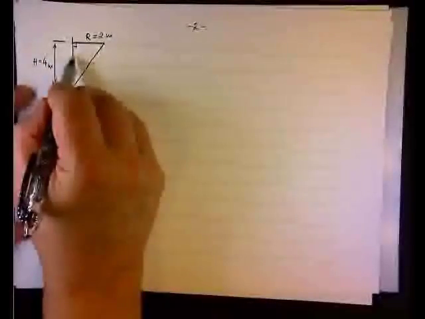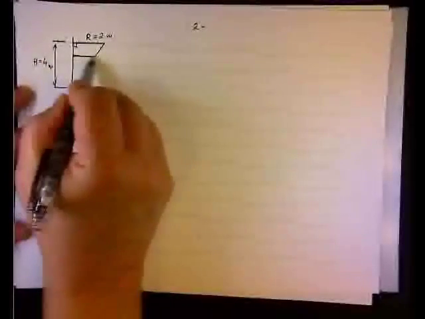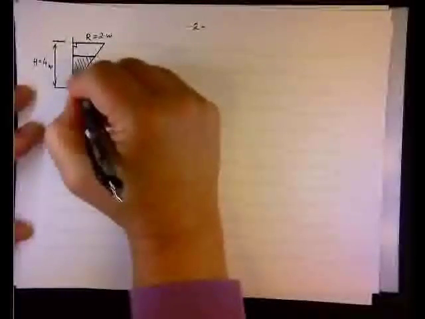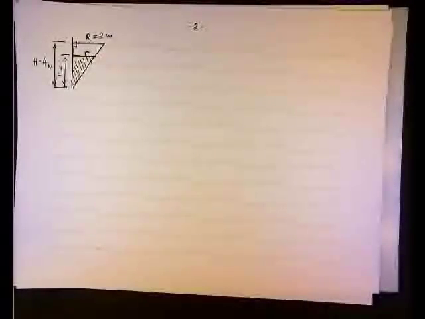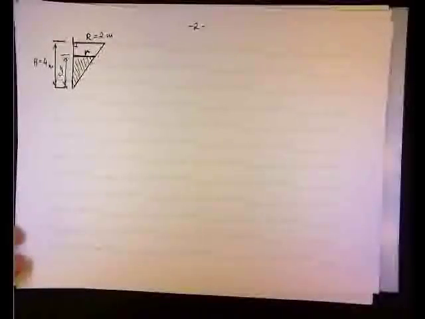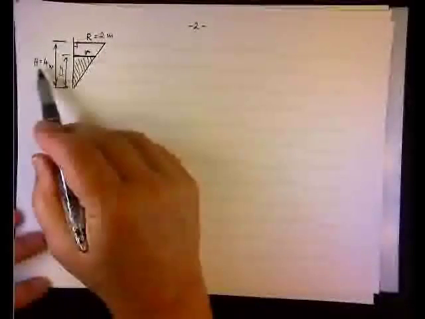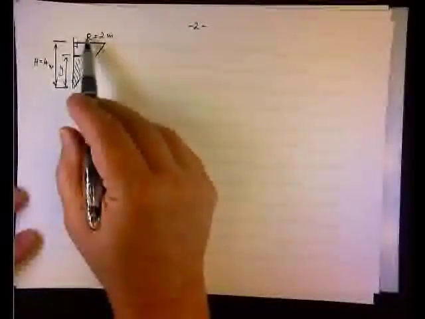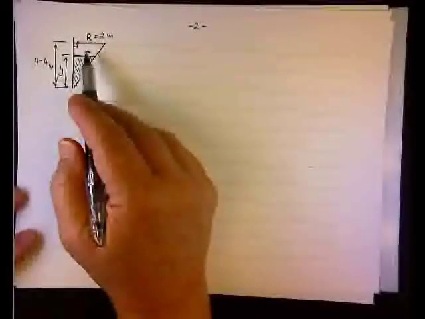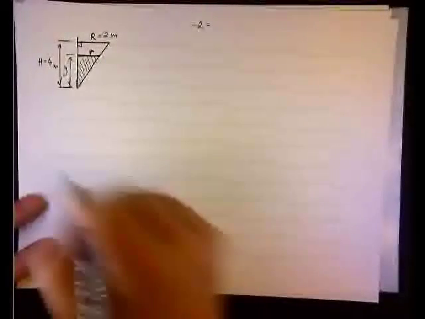Now the water will be represented by the shaded triangle right there, where this quantity right here is y, the water level, and this quantity right here is r, the radius of the surface of the water. Now we can see that the ratio y to H is the ratio r to R, by similar triangles.